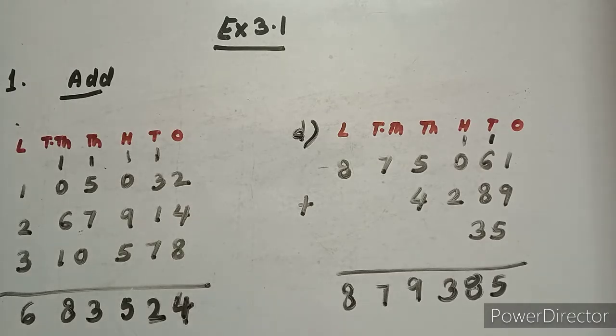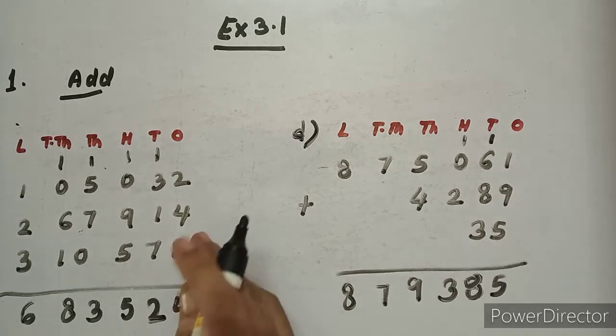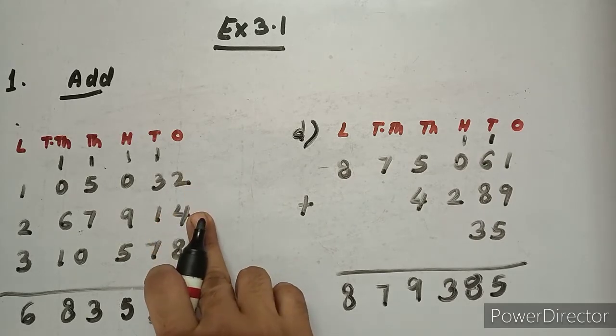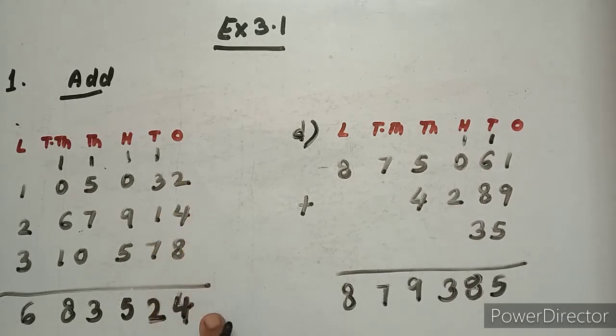Now we have come to the sum, that is C. So you have seen that I have arranged the numbers. Then we will start with our addition. So here you can see that 2 plus 4 is 6, 6 plus 8 is 14.